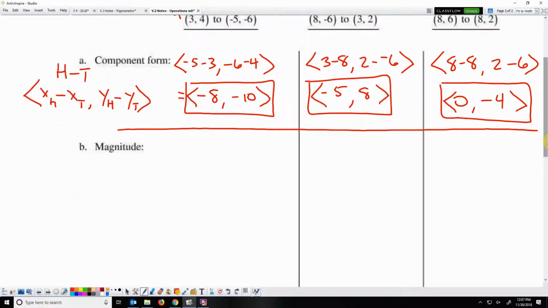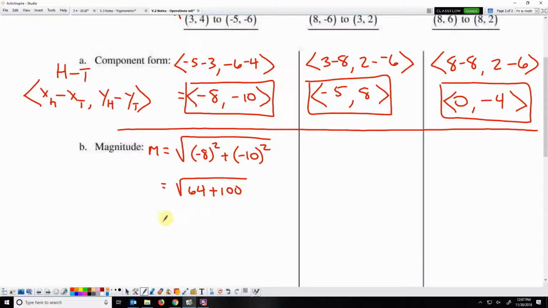Next, we're going to find magnitude. And we've already done part of the work of finding magnitude. Magnitude is the length or the distance. So we're going to use the distance formula, but we've already done the subtraction portion of the distance formula. So it's the square root of -8 squared plus -10 squared. So that's the square root of 64 plus 100.